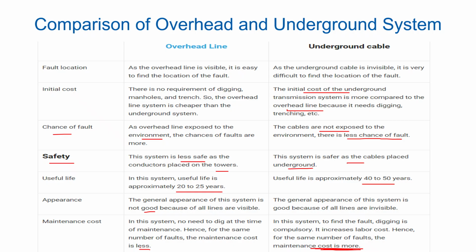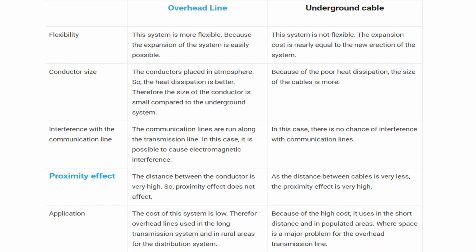So like this, we can compare the overhead line and the underground line based on a few more points, like the flexibility of the system, the conductor size, the interference of the line with the communication system, the proximity effect, and the application. From the flexibility point of view, which one is more flexible?